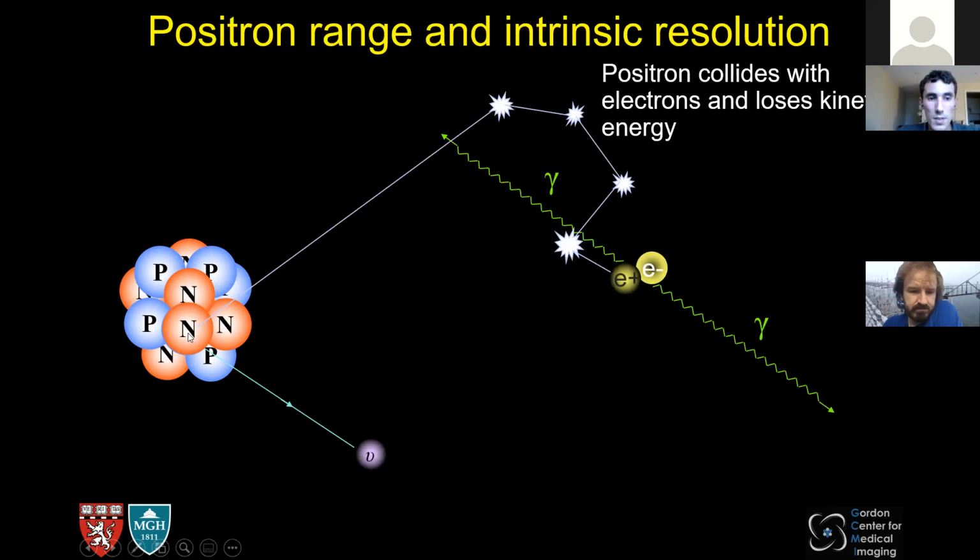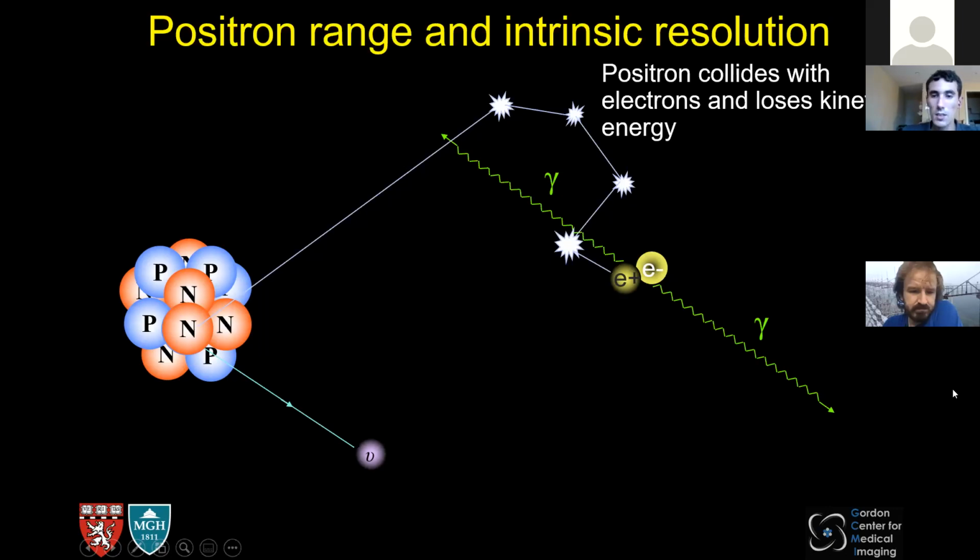So the positron is going to travel in the tissue, collide with electrons, but not annihilate, and each time it's going to lose some of its energy. Once it has almost fully lost its energy, it's going to be able to annihilate with an electron and then produce the 2 gamma photons that we're going to detect.